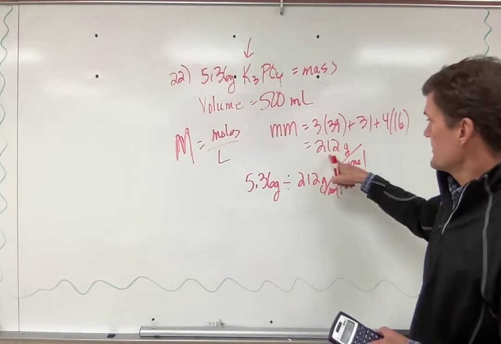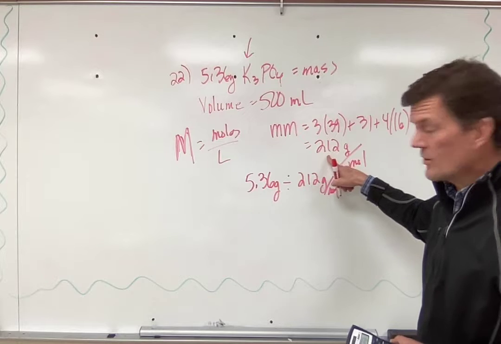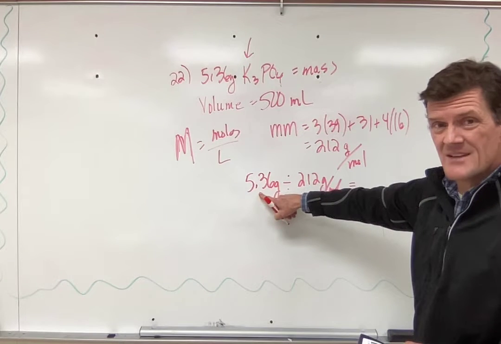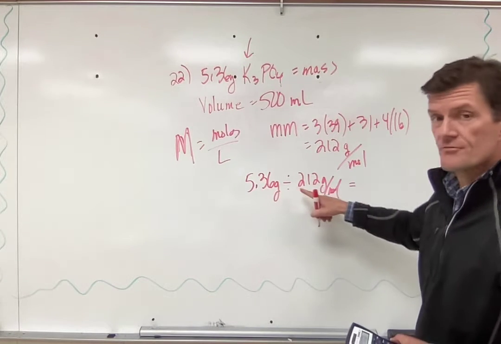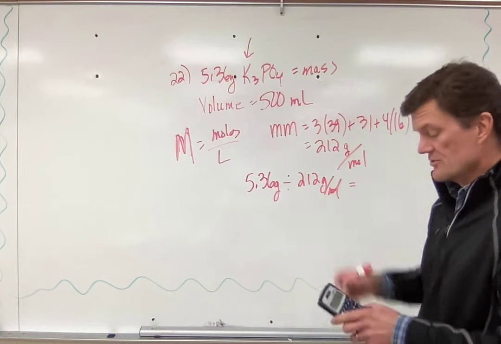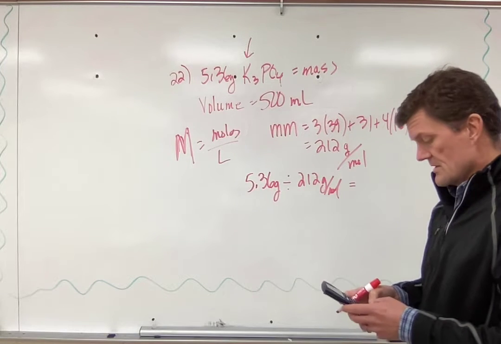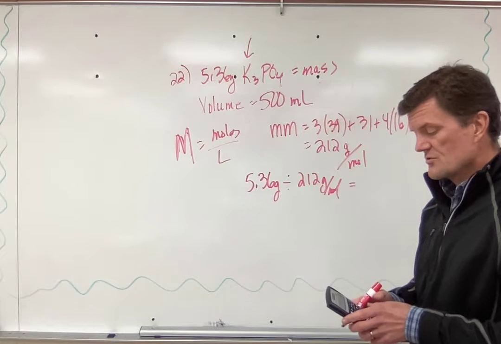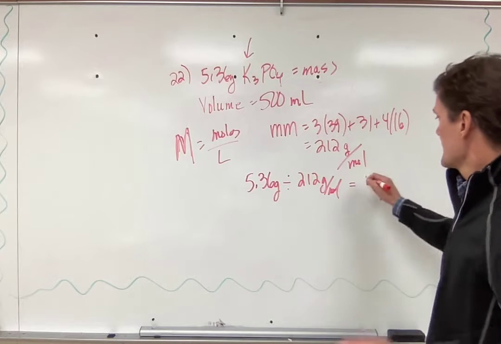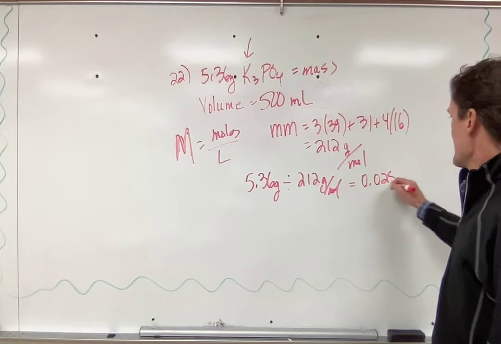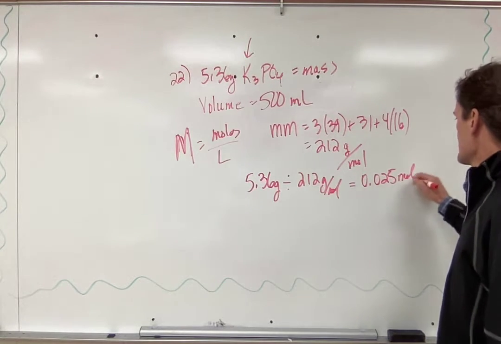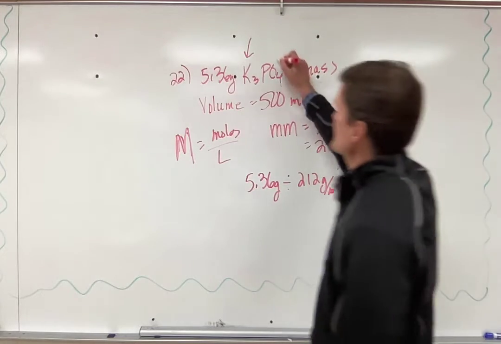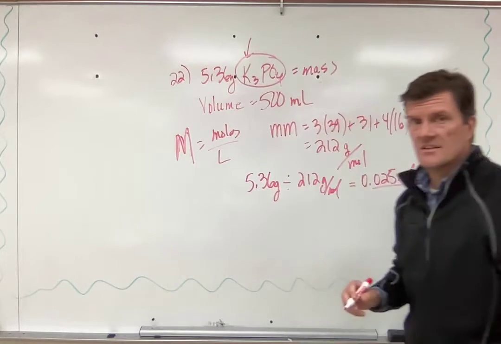Just think of it, if 212 is 1 mole, you only have 5 grams. So you have a fraction of a mole. You take 5 divided by 212. Okay? So 5.36 divided by 212, and you get 0.025, let's say. 0.025 moles is what you have, okay, of that compound right there.